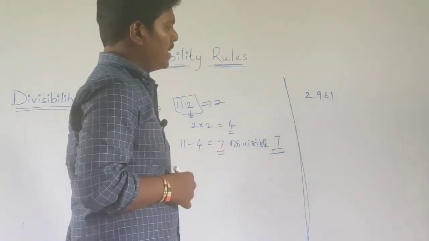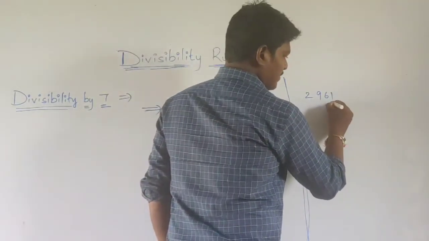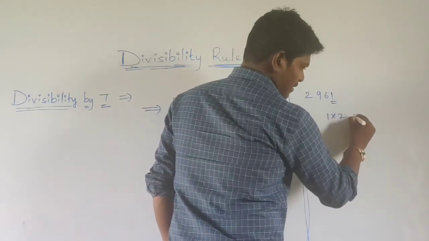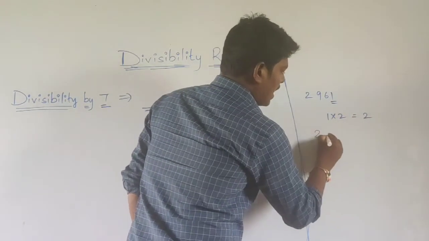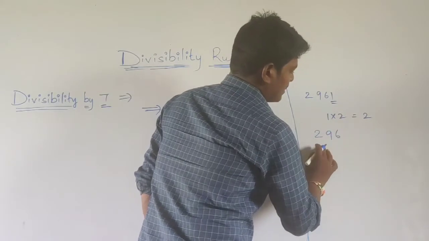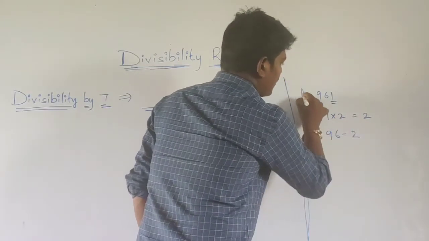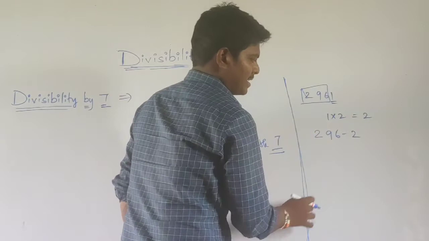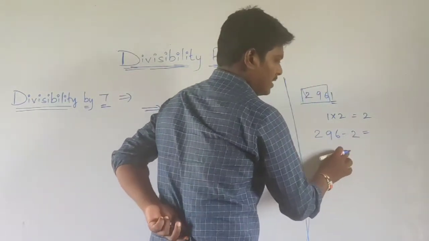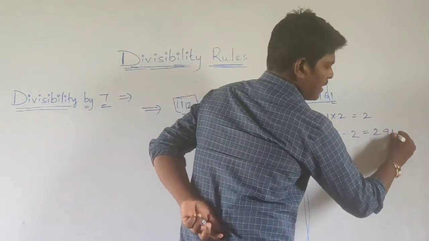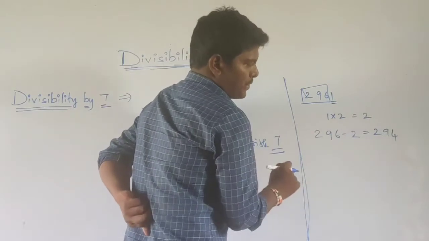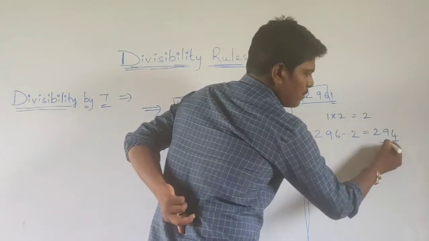2961. The last digit in the ones place is 1. We have to double it, so we get 2. We have to subtract 2 from the remaining number 296. If we subtract, we get 294. We have to do it again.